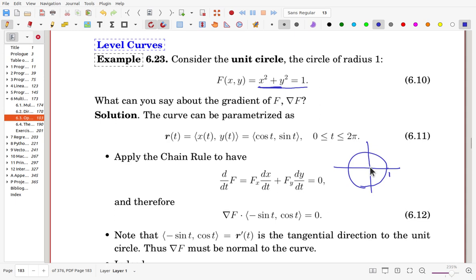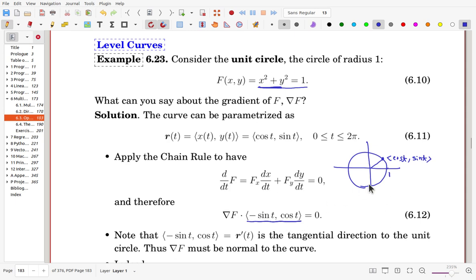For a point x, y on the curve, the position vector is cosine t, sine t. That direction is this one. If we rotate it, and put the minus, then it is exactly this one: minus sine t, cosine t.